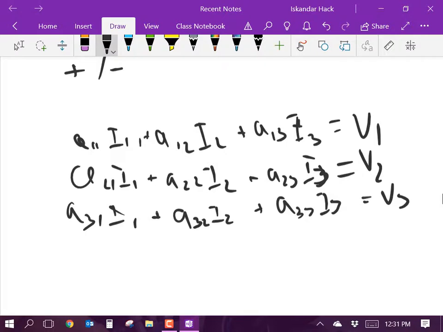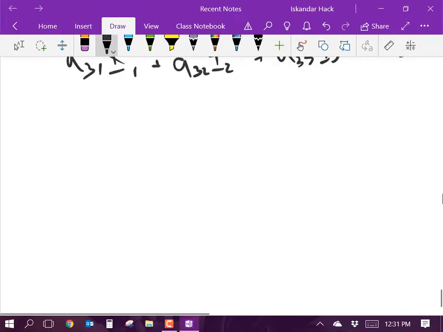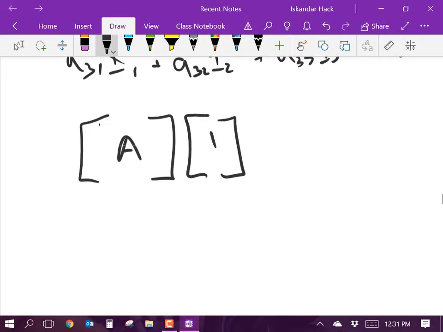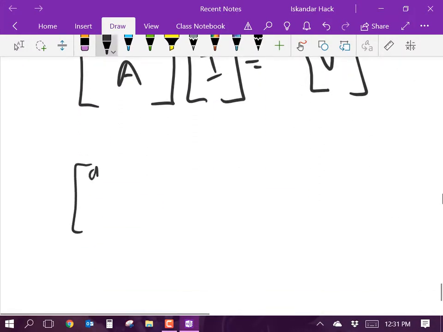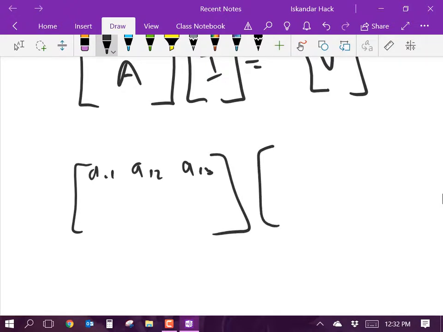And this goes back to the last thing we talked about with MATLAB. We have 3 equations, 3 unknowns, so we can rewrite this as the matrix A times the vector I equals the vector V. We can write it in matrix form, because when I multiply just the first row, A11, A12, A13 times I1, I2, I3, that's equal to V1.